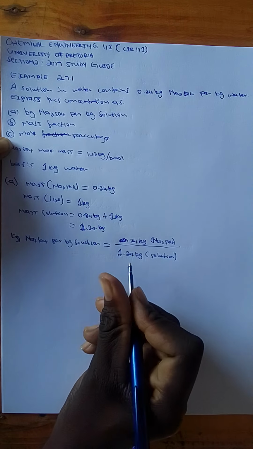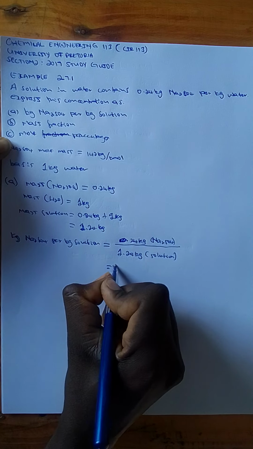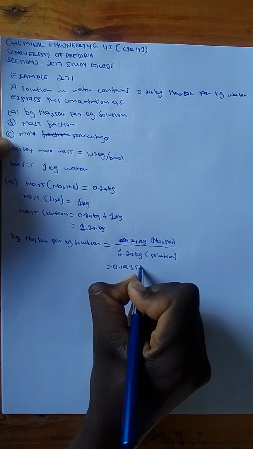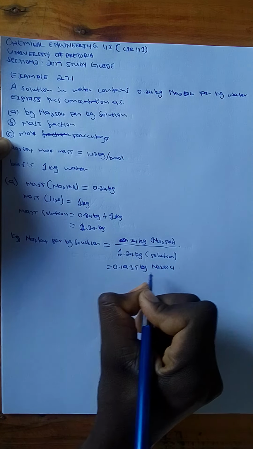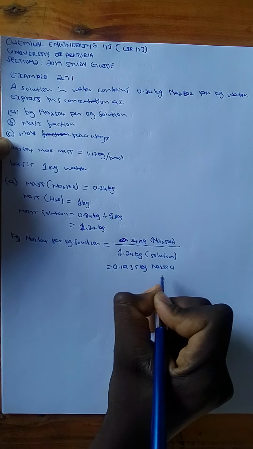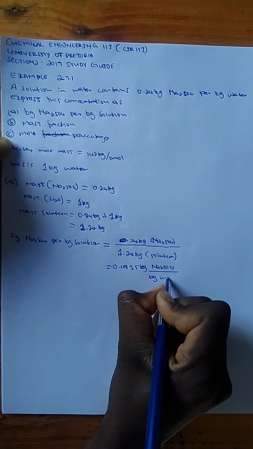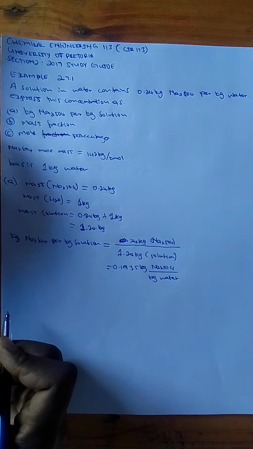Now that gives us 0.1935 kilogram Na2SO4 per kilogram solution. So that is our answer for A.